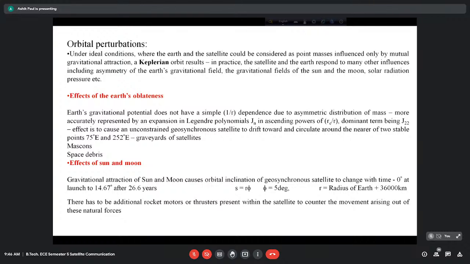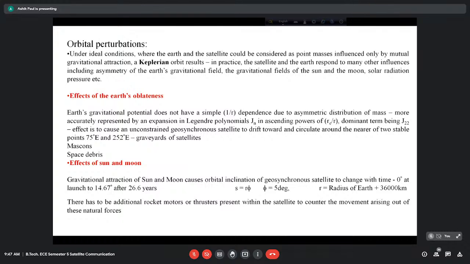So the direction of the downlinking antenna, the antenna which is transmitting the downlinking signal, also changes. And when that changes, the downlinking signal will not be pointed towards the surface of the earth or towards the desired user base, right?